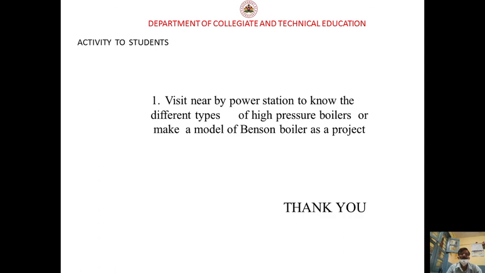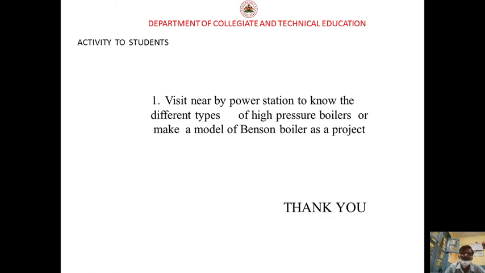The activity is for students. The student should know about this boiler. It is difficult theoretically, so they should know it practically. For better understanding, students in a group should visit nearby power stations or power plants, if available, and study different types of high pressure boilers.